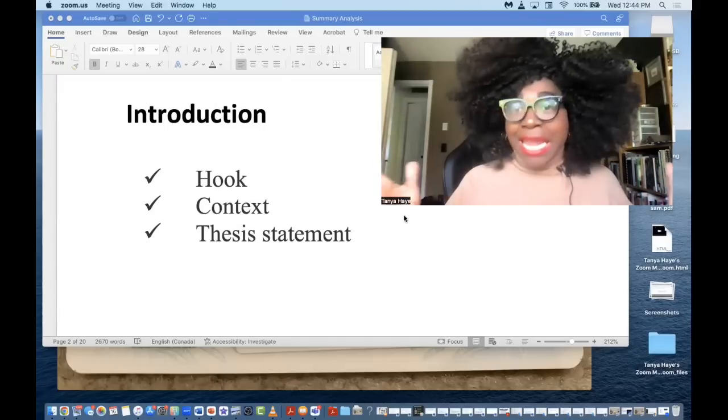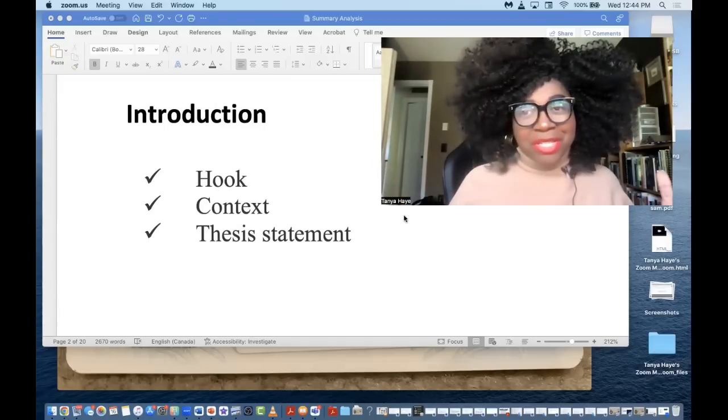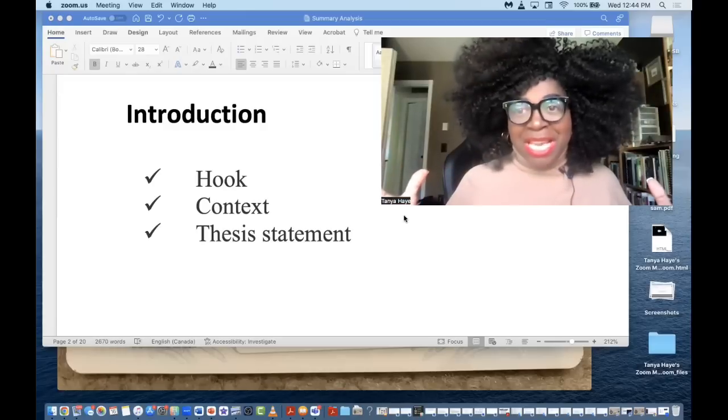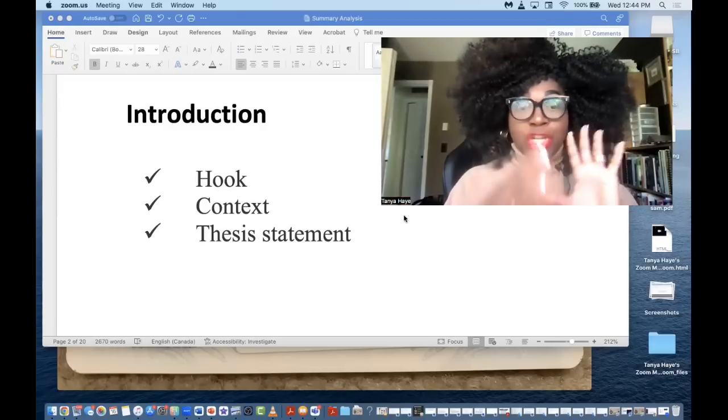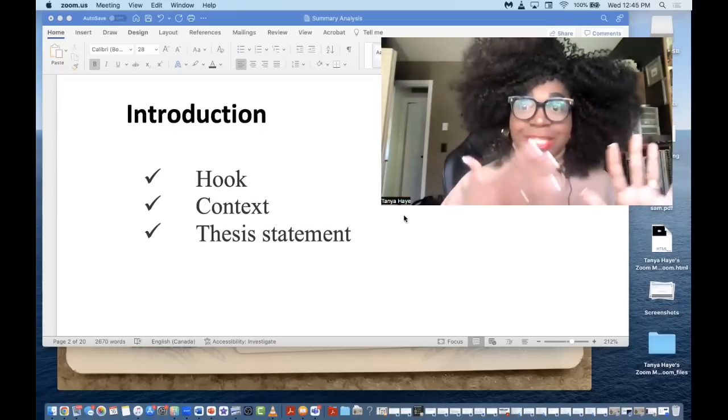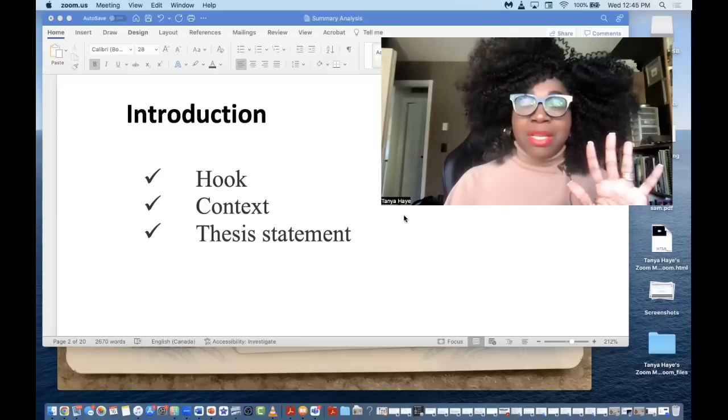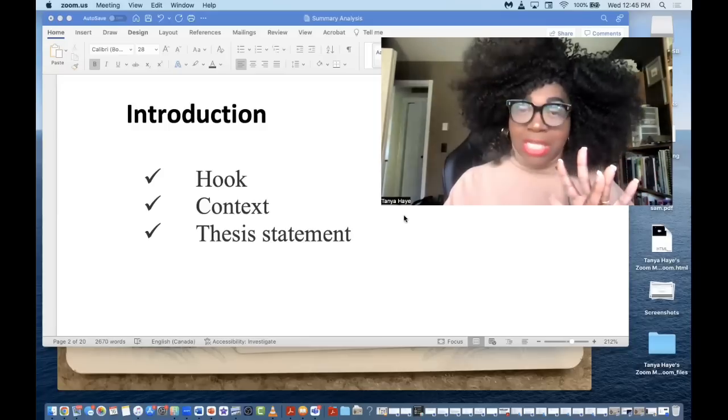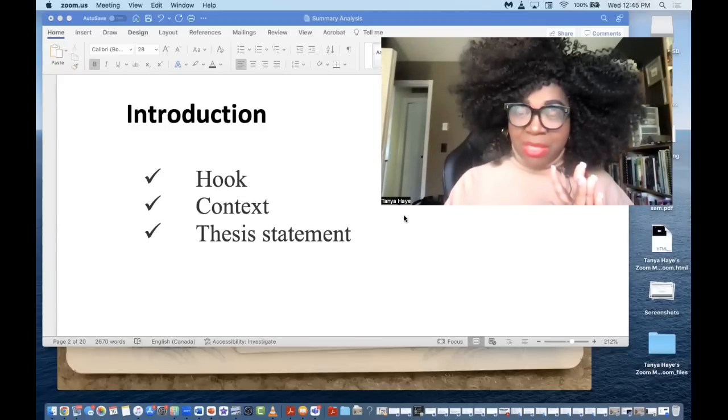Now, like any good introduction for any academic essay, your introduction should have a distinct 3 parts: the hook, the context, and the thesis statement.